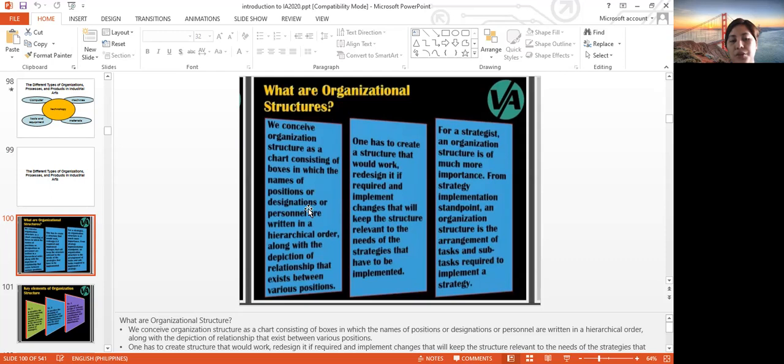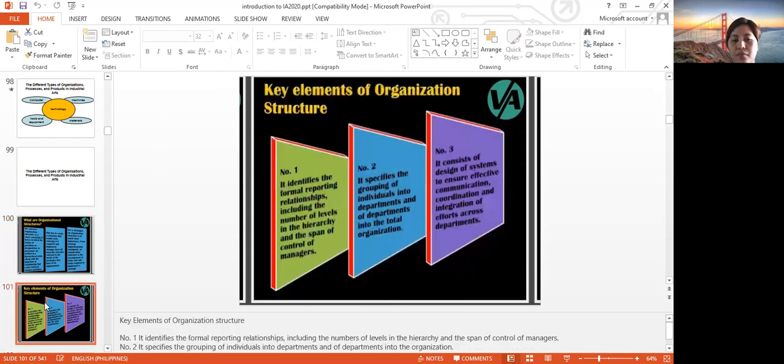This is not just merely a box, but it will also lead us to better implementation of the different tasks to be accomplished. If it fails to do what is needed, then there is a need to redesign or revisit the arrangement of the tasks.